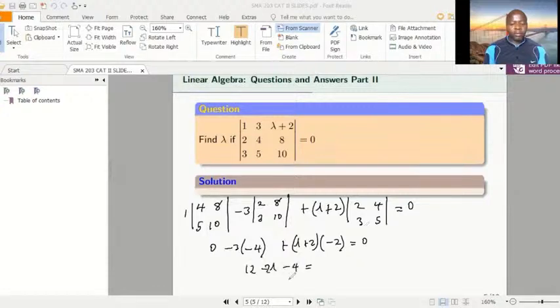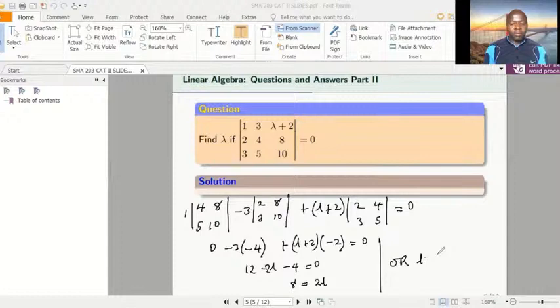That means that 2 lambda is equal to 8, so lambda is 4. So lambda should be 4 for this matrix to have a determinant of 0.